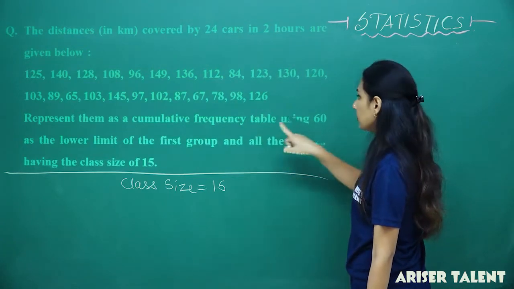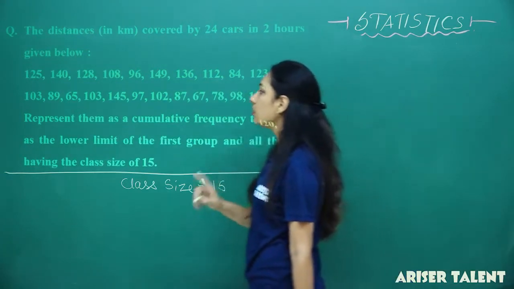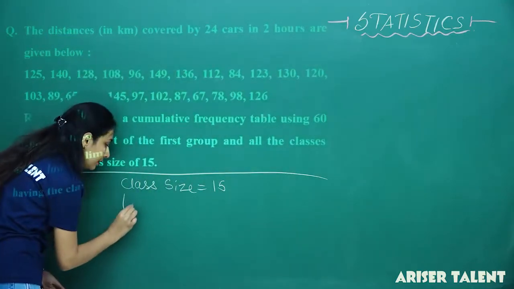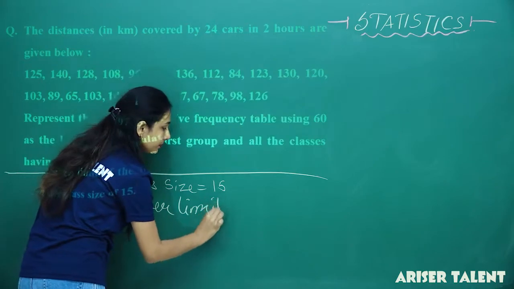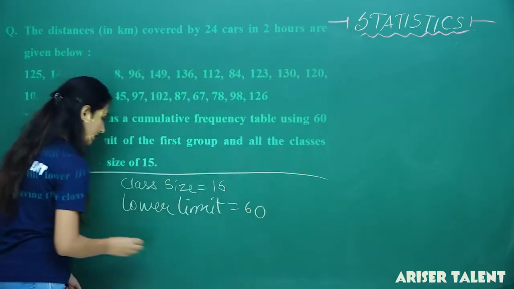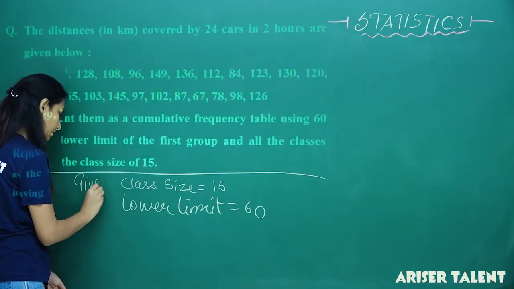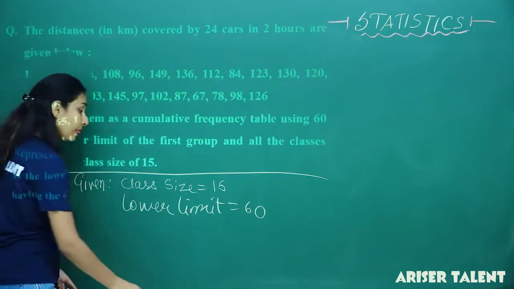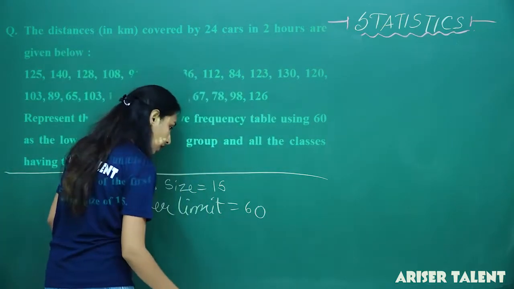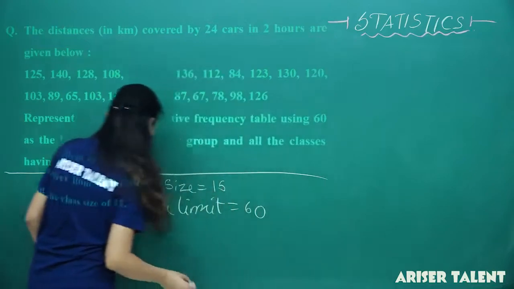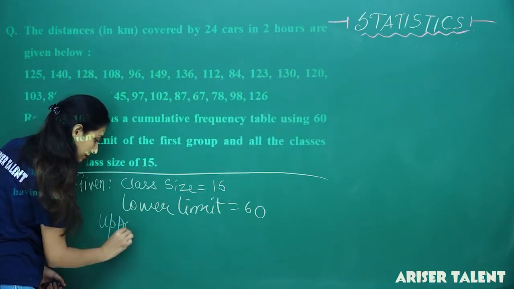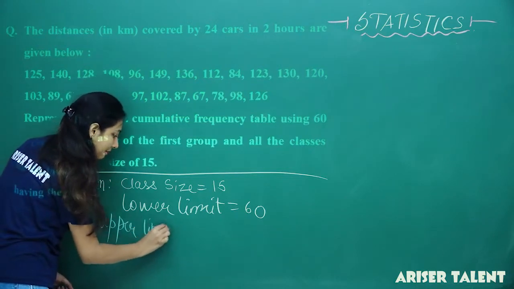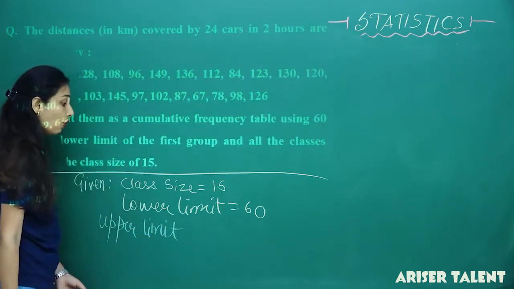Then 60 as the lower limit. Lower limit equals to 60. This is given. Okay, now you are having this formula for upper limit. Now you will say that, ma'am, you haven't written this formula yet.